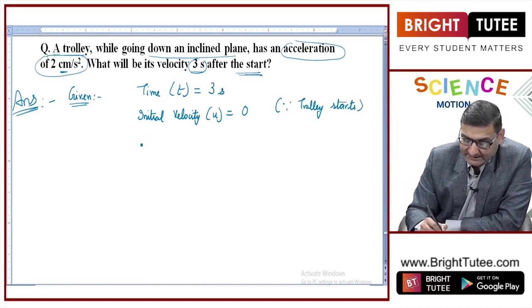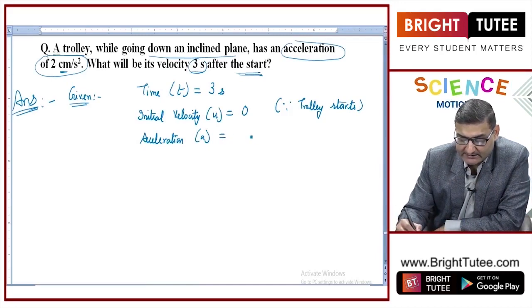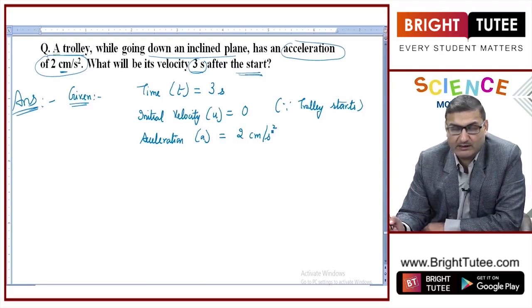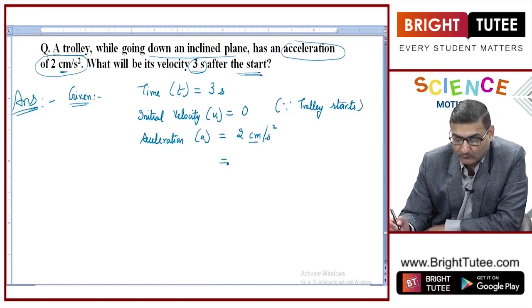So the next thing given to us is acceleration. Now this acceleration, small a, is given in centimeter per second square. So we need to convert it into meters, and how can we do it? We know that there are 100 centimeters in 1 meter.